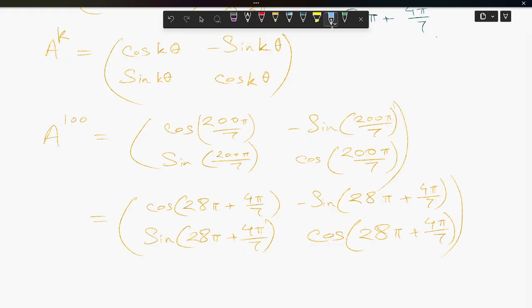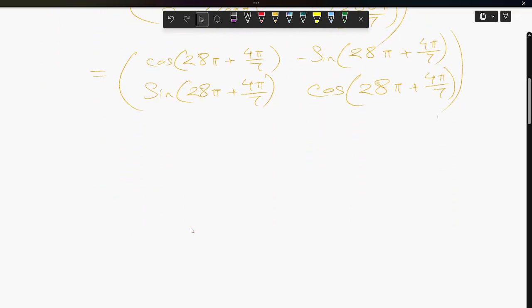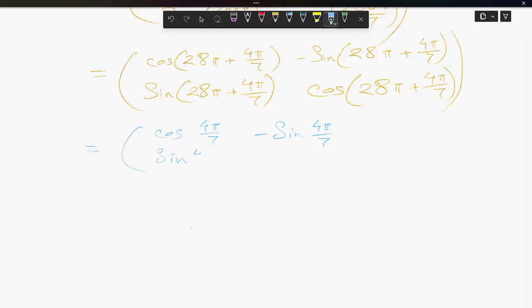Now, as we are getting cos 28 pi and all, using the periodicity of sine and cos, we are finally getting cos 4 pi by 7.